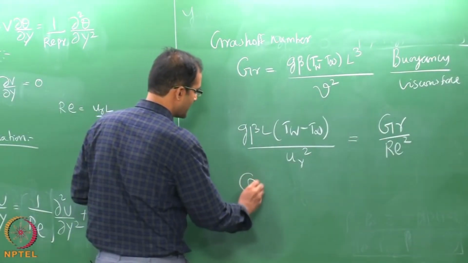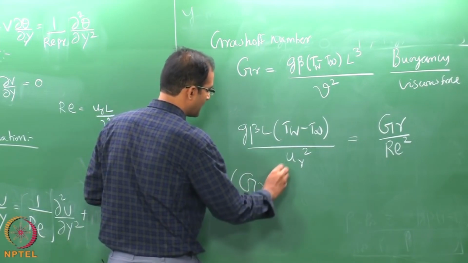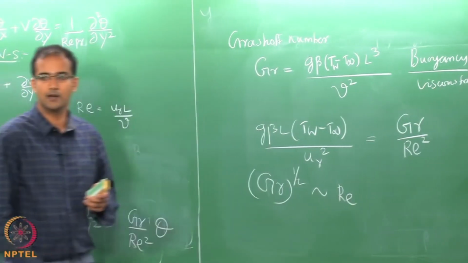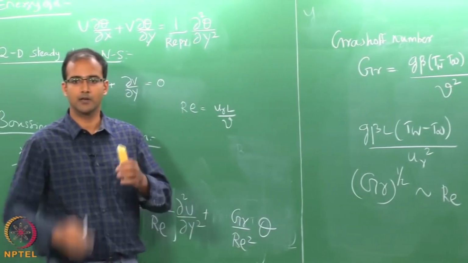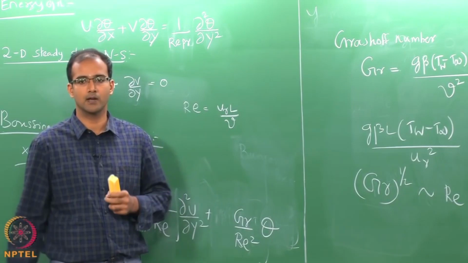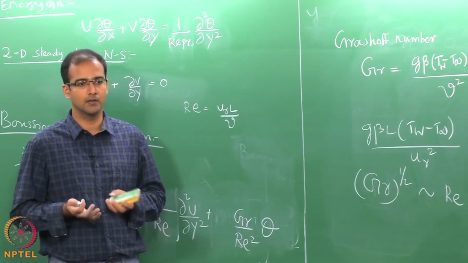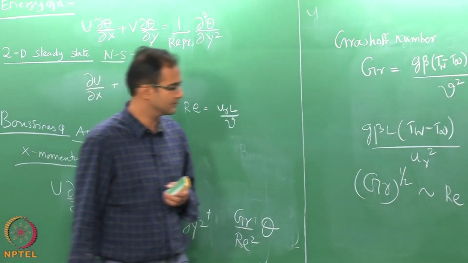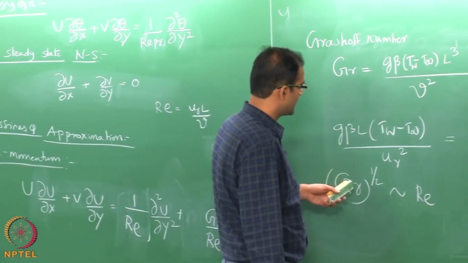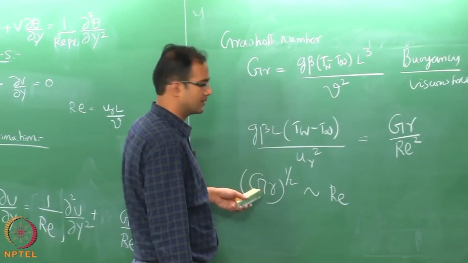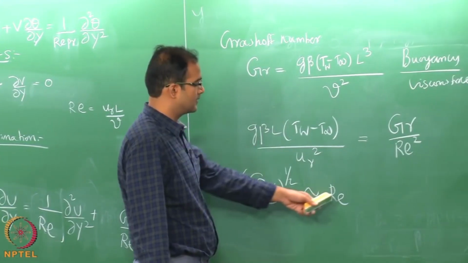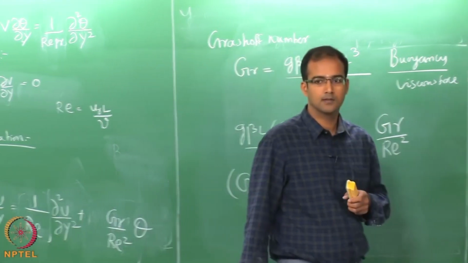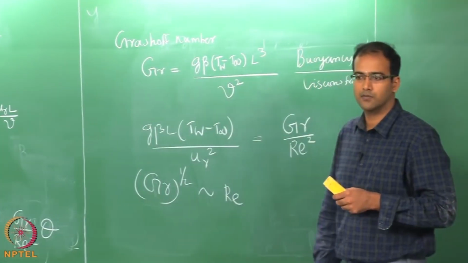So, you can say that Grashof number to the power half is of the same order as the Reynolds number, correct, because we have Gr by Re square. That means the order of Re square should be of the same order as Gr. Now, therefore, you can substitute the expressions for Grashof number and Reynolds number, then calculate the order of U reference.